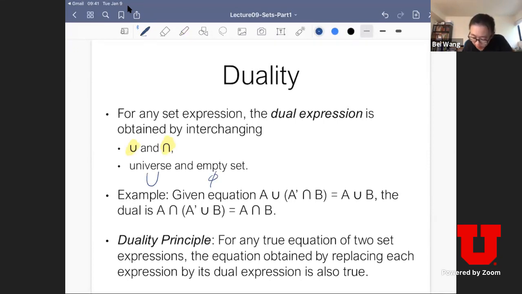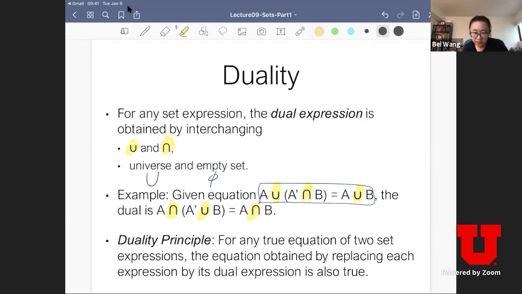So if I have the expression A union A complement intersect B is equal to A union B, then the dual is by switching each of the symbols, union symbol by intersection symbol, by union symbol, and again, union symbol by intersection symbol.